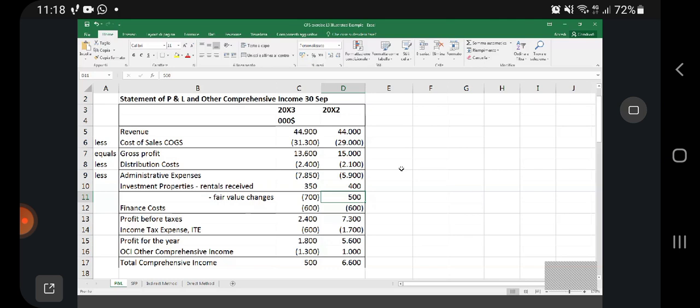Now remember, usually the fluctuations in the fair value are part of other comprehensive income over here. I'm putting that in red, okay? So this is what you learned, that usually the variations in the fair value will be included in the revaluation reserve in the balance sheet and other comprehensive income in the profit and loss statement.